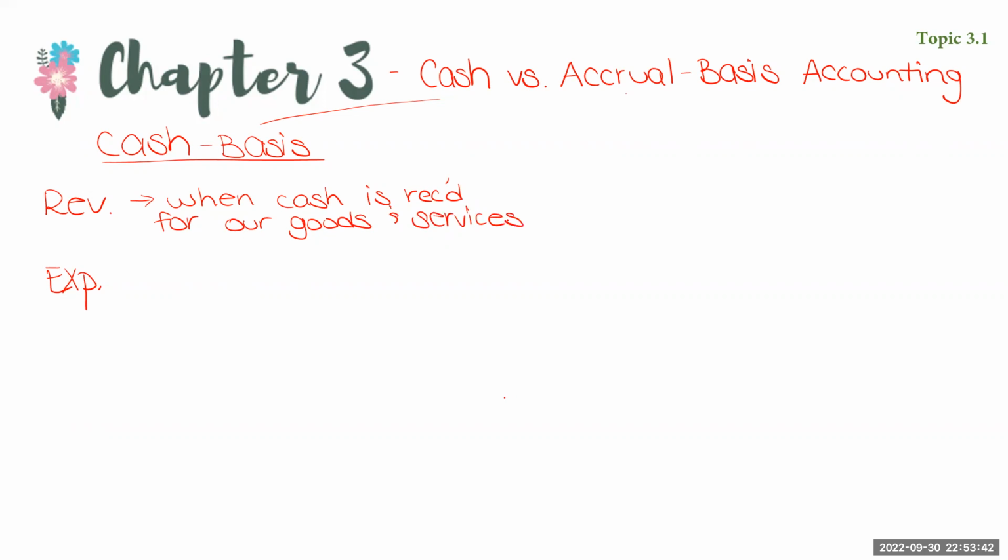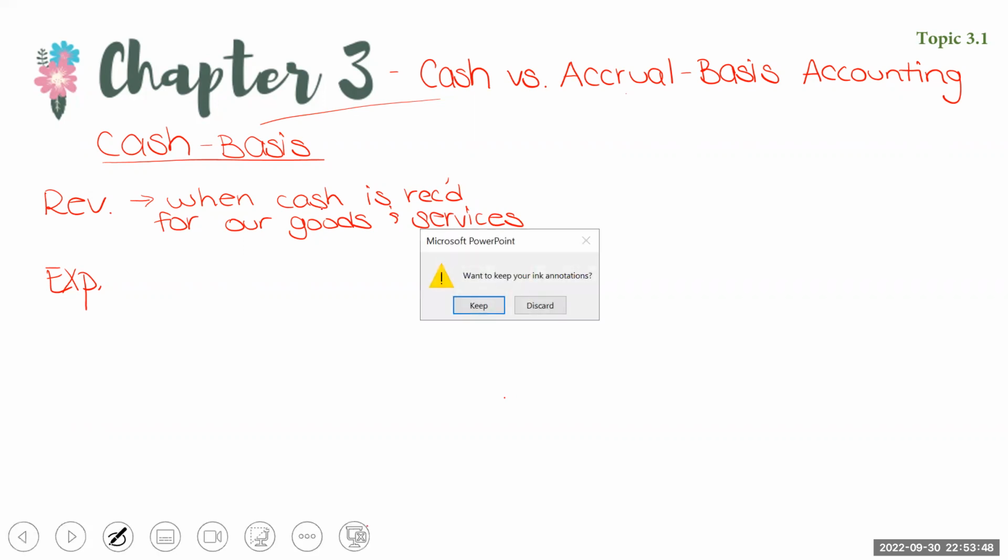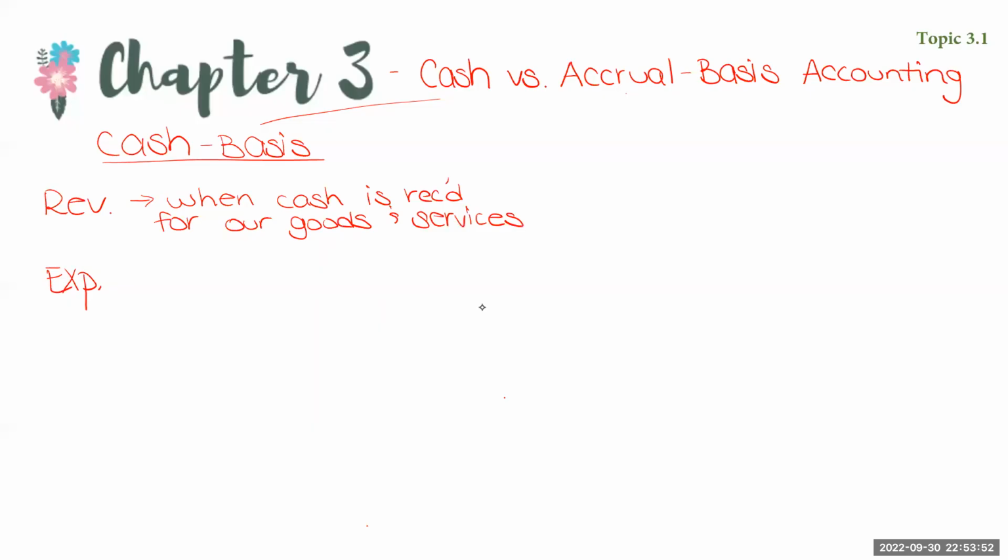Remember, we defined revenue in chapter 2. We said revenue is the value of our goods and services. So when that value is received in cash, then for cash basis record keeping it is considered revenue.